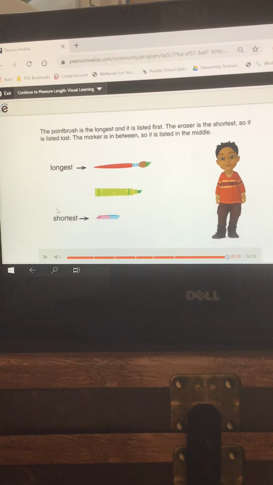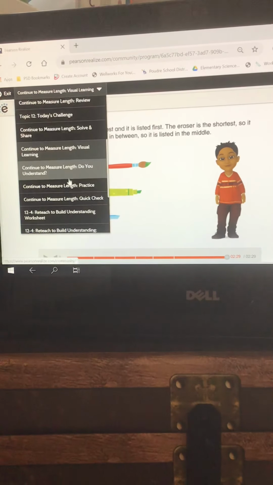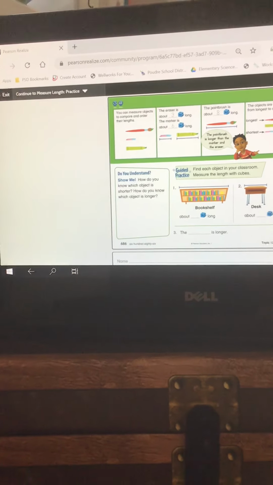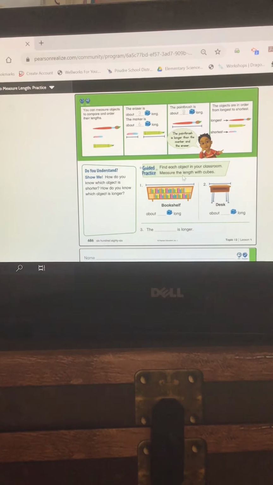All right, guys. This was a pretty simple lesson, so let's go straight into our practice. Let me adjust a little bit. Find each object in your classroom. Well, your classroom is home right now.